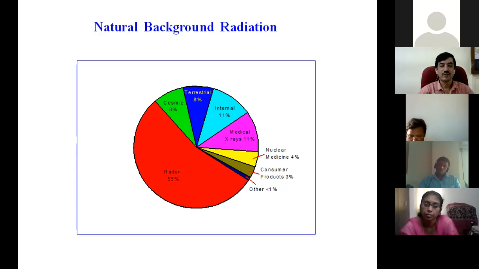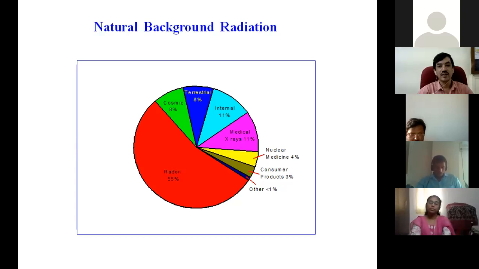Internal means we consume food. Food contains radioactive elements like radium, uranium, radon may be dissolved, and also the potassium isotope K40 will be there in the food and water. Medical X-ray exposure is contributing 11%.